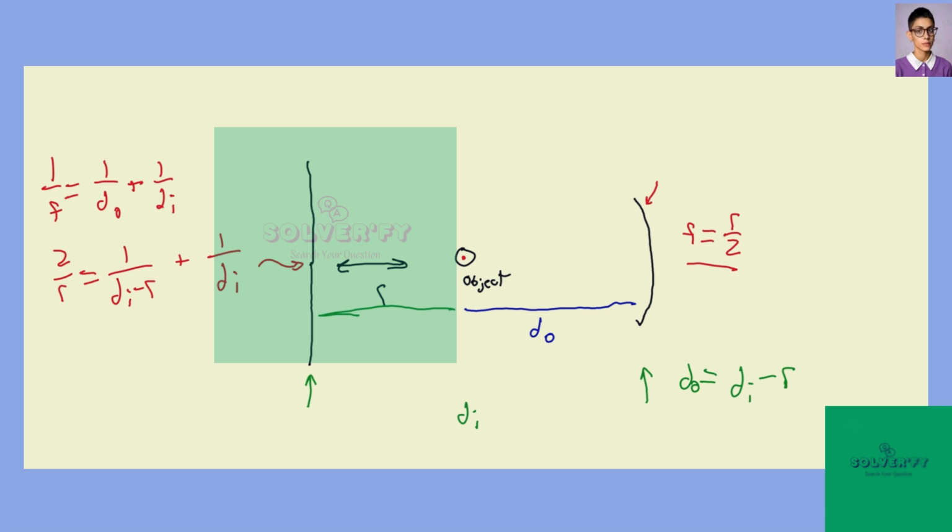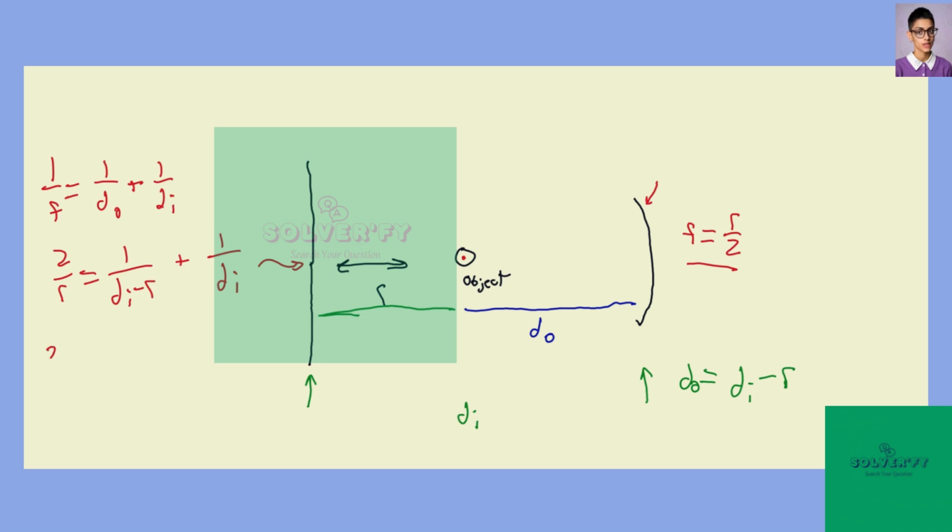And finally, we want to find di, but sadly, we can't really solve for that because we simply have something in terms of r. So we're going to have to get a solution in terms of r.